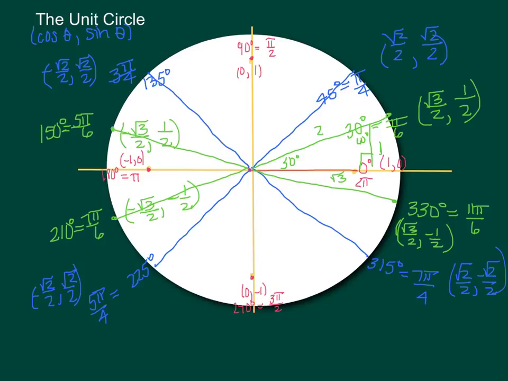Okay. Then I have my 60, which is pi over 3. And then over here, good thing about 60, we're going to count by 60. This is 120. These are further away from the x-axis, but they all have a reference angle of 60.